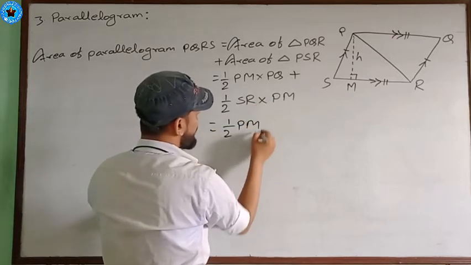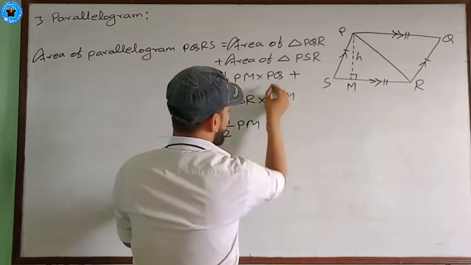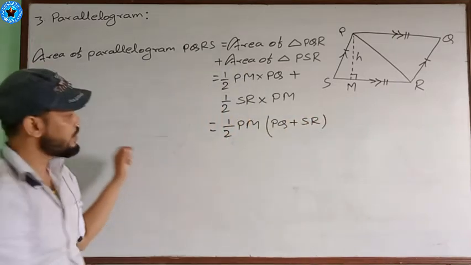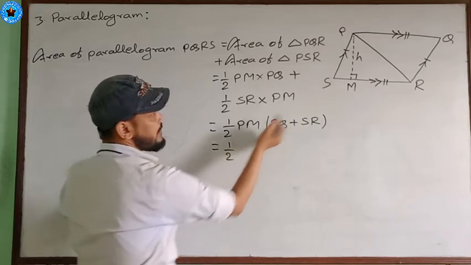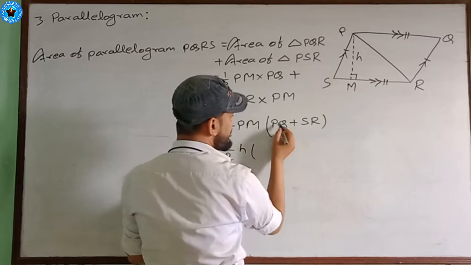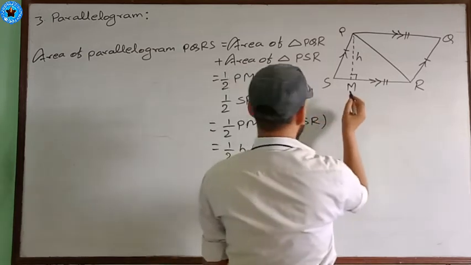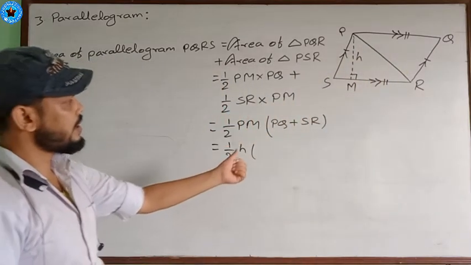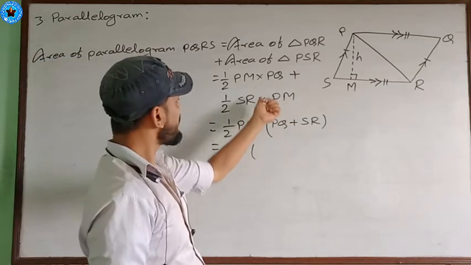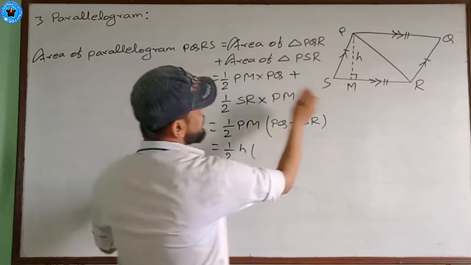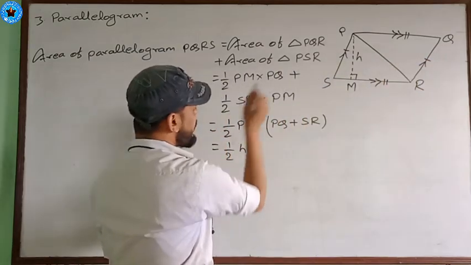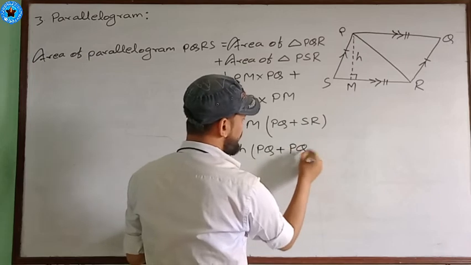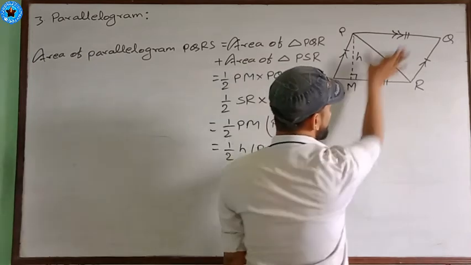Half PM, that is common, and here PQ plus SR. I have denoted PM as the height, H. Now PQ and SR are the same, so we can replace one with the other, because in a parallelogram opposite sides are equal.